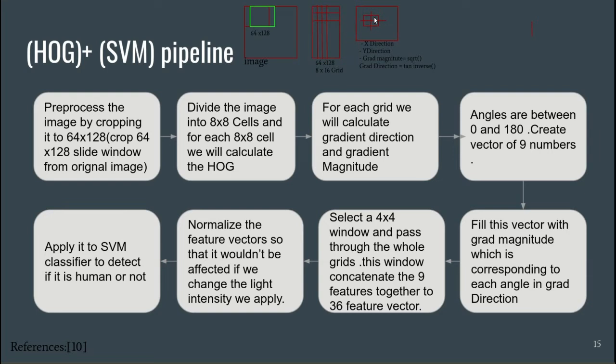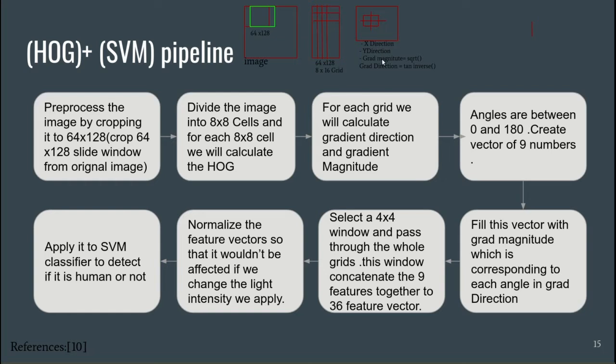Then for each point in this grid, I will calculate the pixel intensity. I have the x direction and the y direction around this point, so the x direction is this point minus this point, and the y direction is this point minus this point, and I will take their absolutes, which gives me the x direction and y direction.